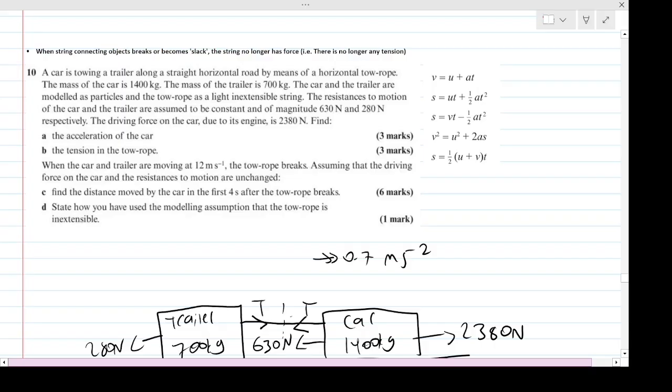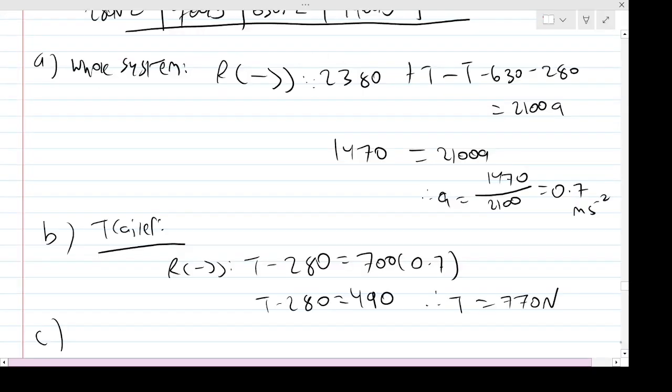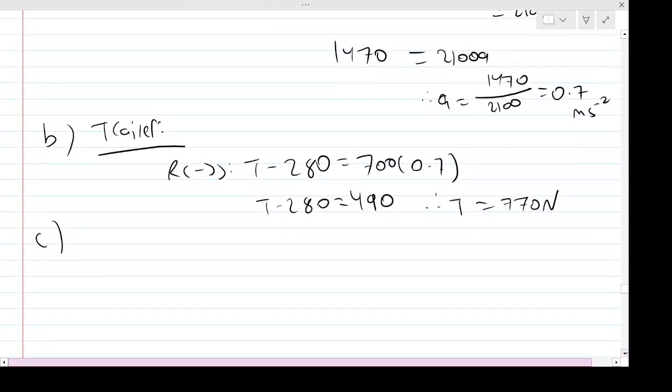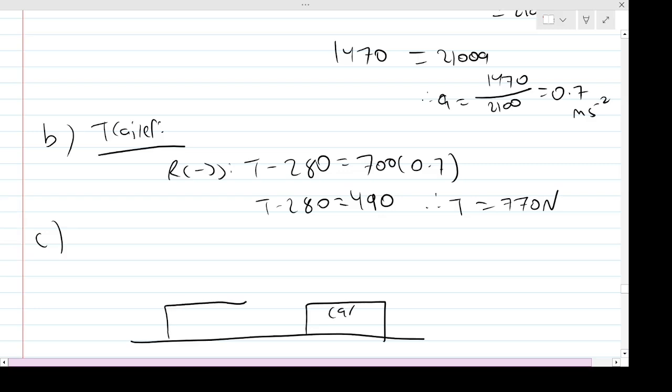But the interesting scenario is the tow rope is broken. If I now redraw this situation, there is no tow rope here now. So we have our car again, which is, I don't know what the mass is, I forgot. Then we've got the trailer.